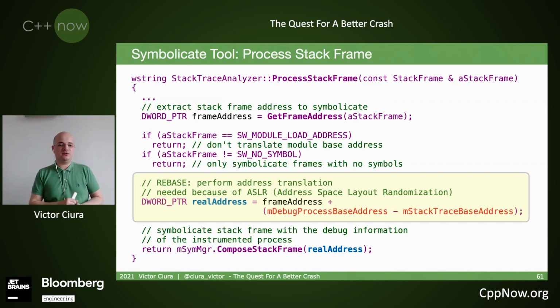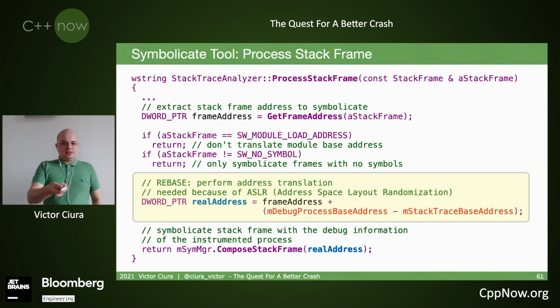It might happen that you don't have any symbol information for a particular stack frame. For example, you might have a stack frame in a Windows API, and you don't have the Windows debug symbols loaded on the system, and then you cannot decode symbol information for Windows APIs, for example. But you can see your own symbols.